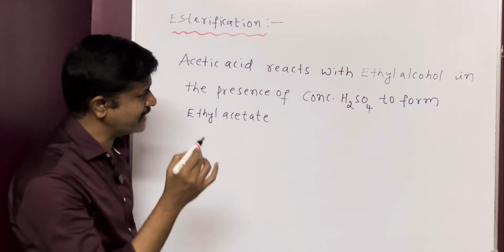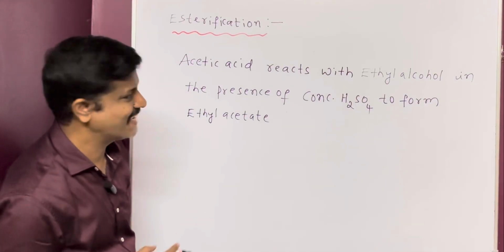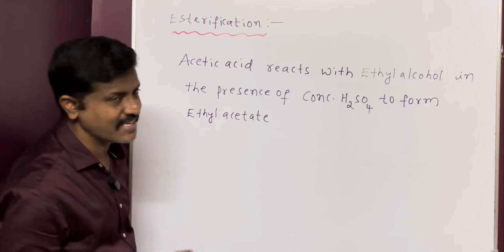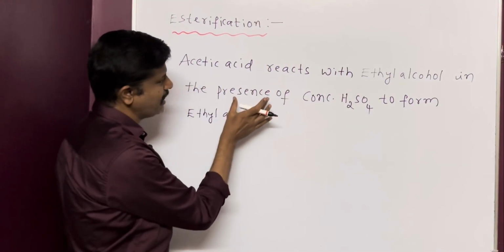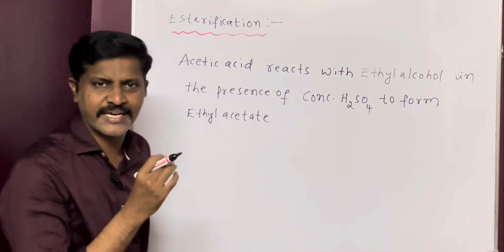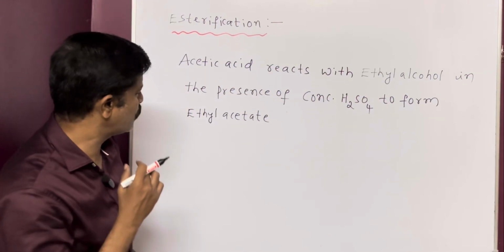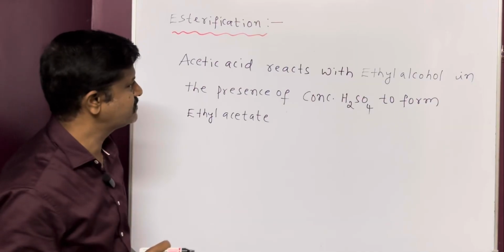Clear? This is a very simple reaction. Acetic acid reacts with ethyl alcohol in the presence of concentrated sulfuric acid to form ethyl acetate.